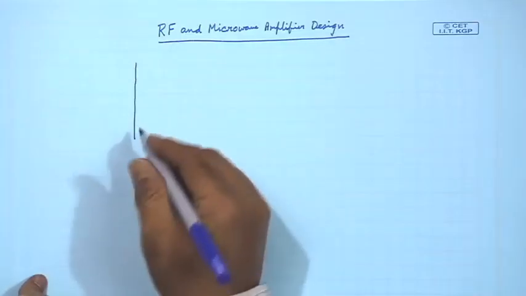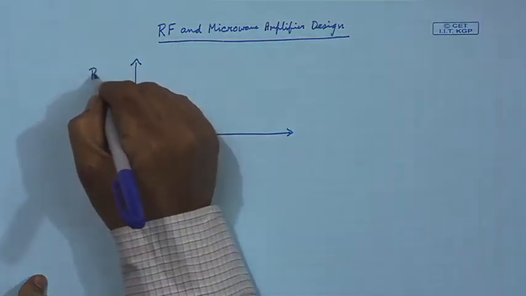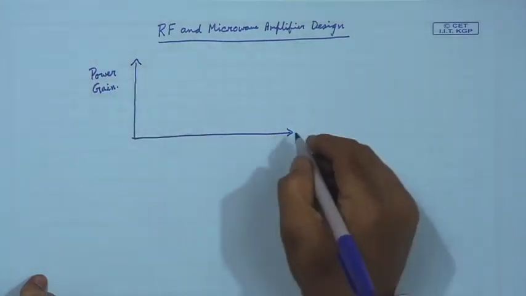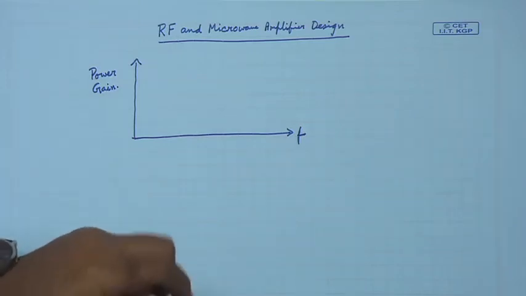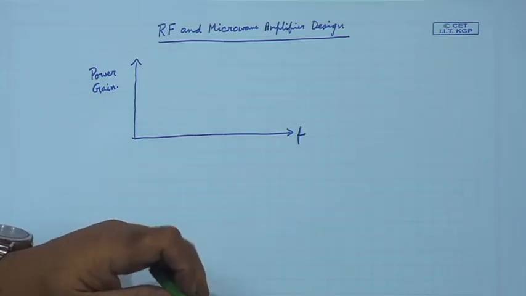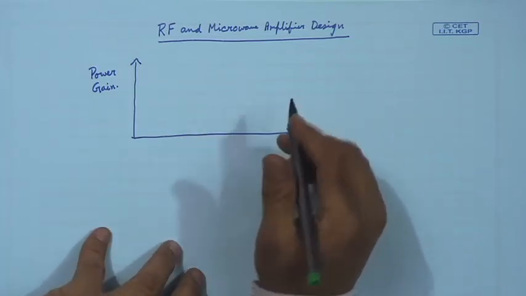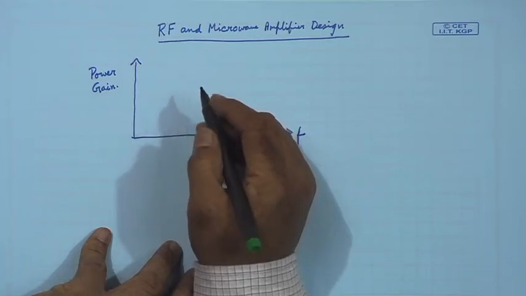Now, if we compare the low frequency and high frequency power gains, we will see that at low frequency, we generally describe the transistor with a H parameter, and most important parameter of that is HFE.